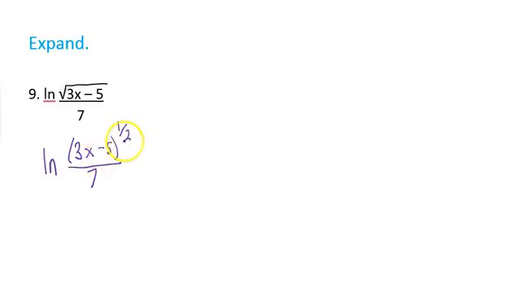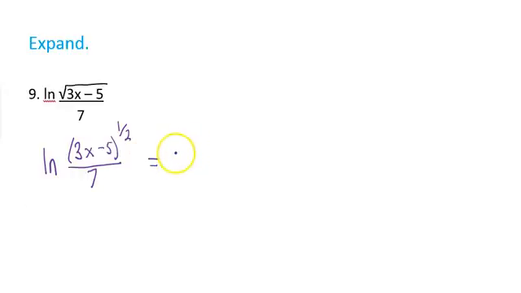Now, that 1/2 power means I can move it to the front. A big mistake that people make is because there's a minus in here, they want to expand that with a minus, but if you remember, it takes being divided to get a minus over here. You have to keep this all together because of that minus. This is one big chunk, and we don't have rules for expansion of addition and subtraction.